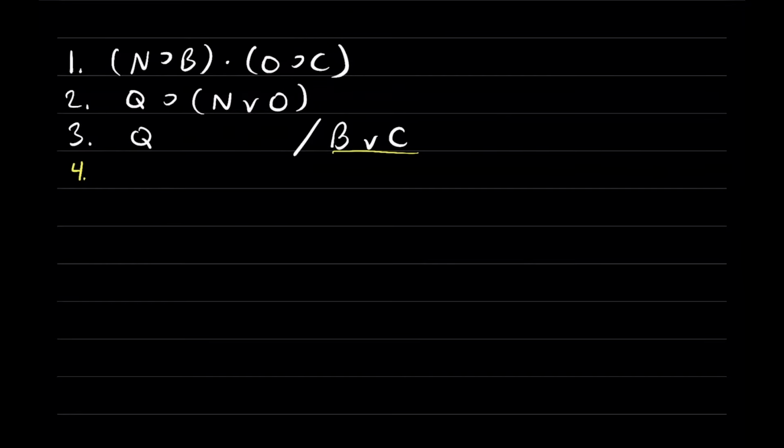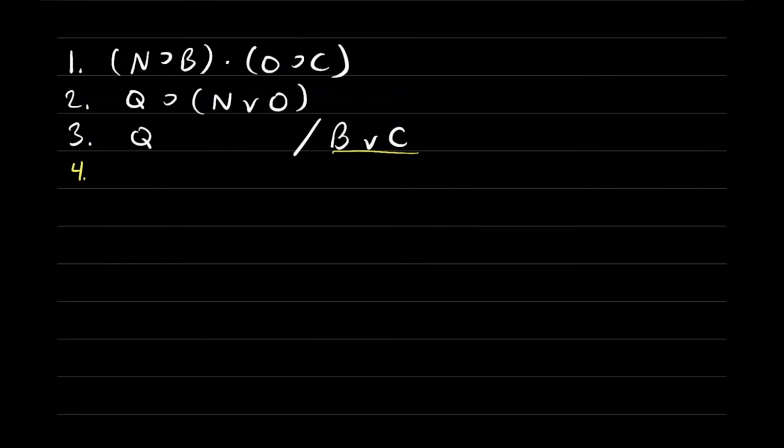Sometimes you just have to dive in, start applying rules that you see follow from the premises very naturally, and hopefully the path that you'll take to get to the conclusion will become clear just in the course of doing the proof. In this case, I see a pretty obvious starting point. Line 2 says if Q is the case, then we're going to get N or O. And line 3 says Q is true.